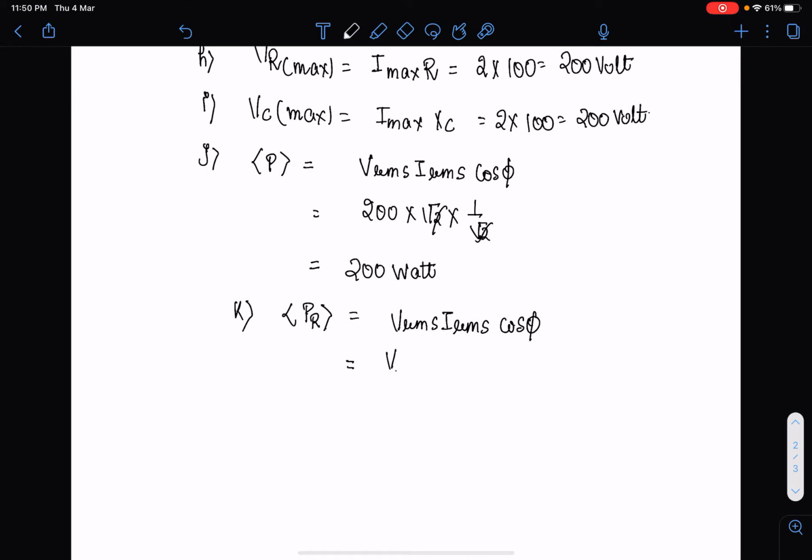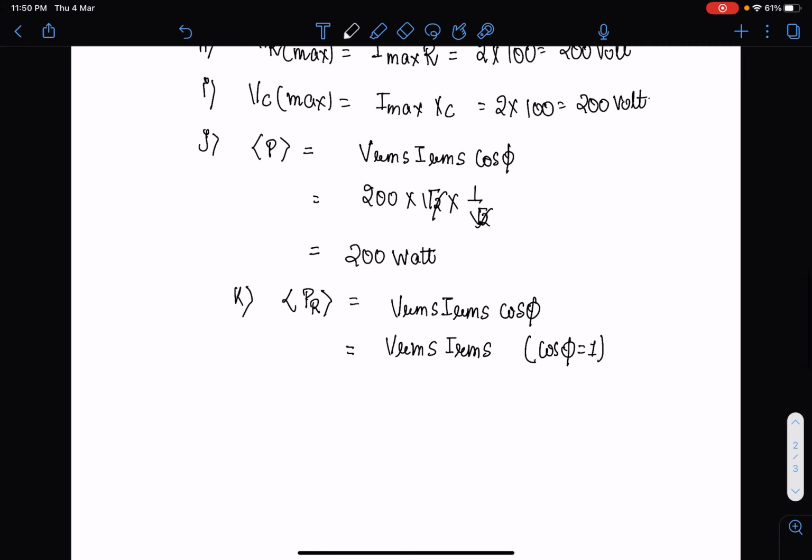So this can be written as Vrms into Irms, right? And here cos phi is equal to 1, because voltage and current are both in the same phase. So you can write Vrms equals Irms into R, and into Irms.